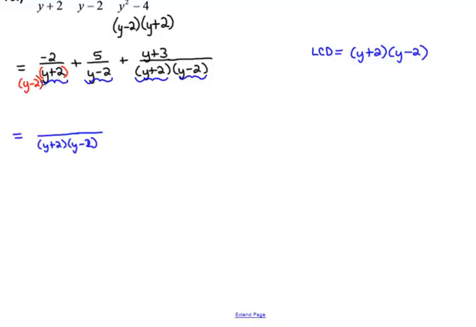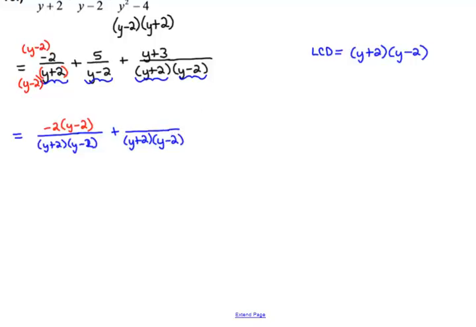In other words, I'm looking for what's missing. What I do to the bottom, I do to the top. So we have on the top negative 2 times y minus 2. My second fraction, on the bottom I have y plus 2 times y minus 2.